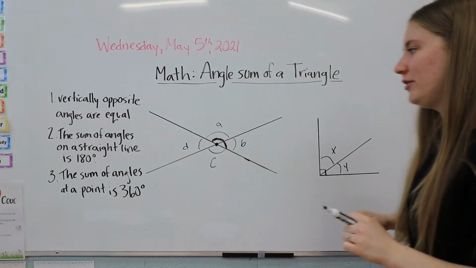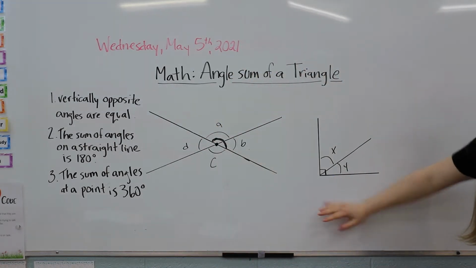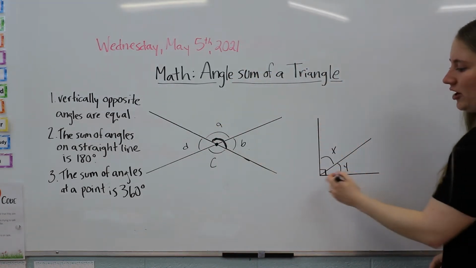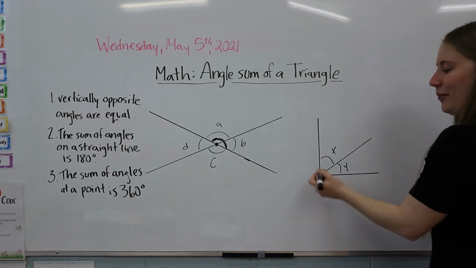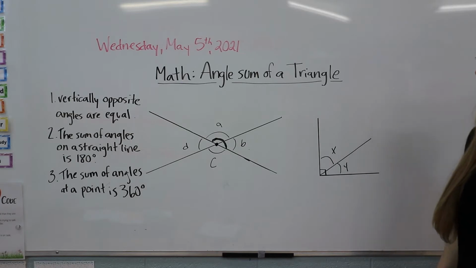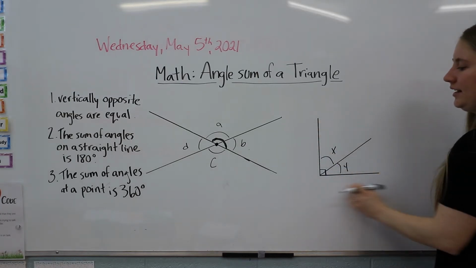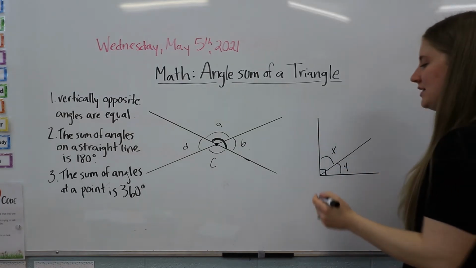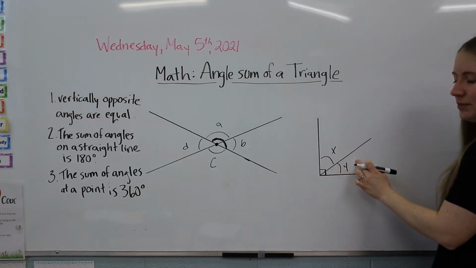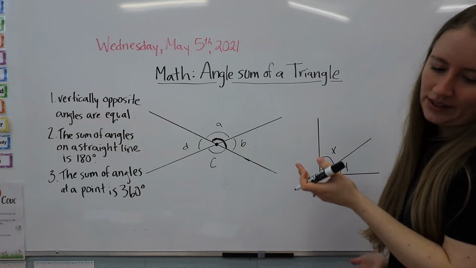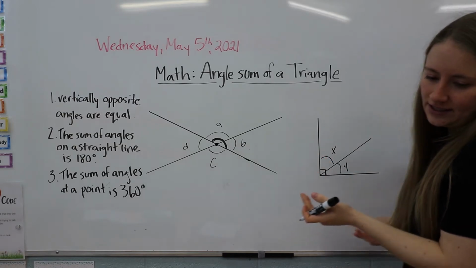And we have one more over here, but we're going to use this diagram. So as you can see, I've drawn a 90 degree angle. And we know that it's 90 degrees because I gave it a little box that tells us that it's 90 degrees. Okay, and the rule for 90 degrees is, of course, that the sum of angles in a right angle, so x plus y, is going to be 90 degrees.